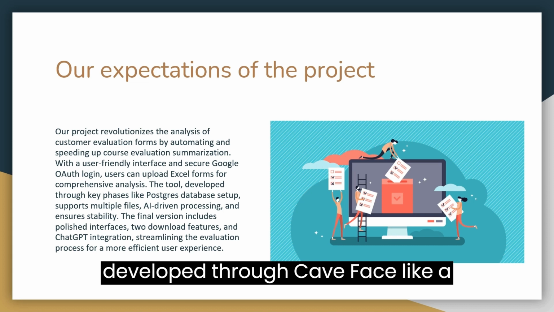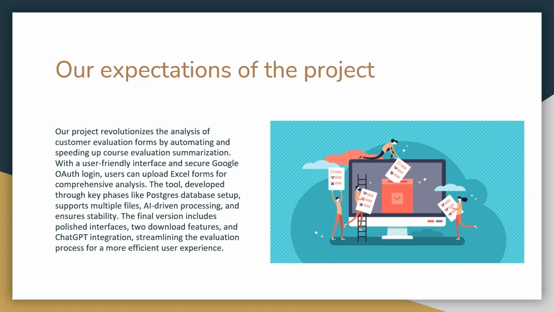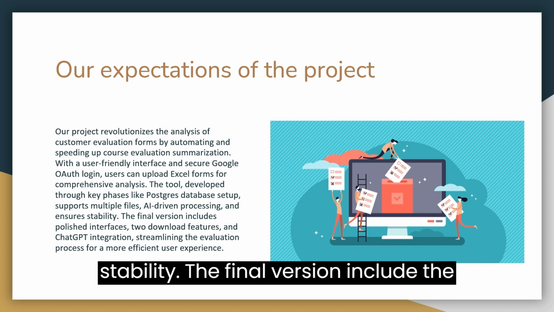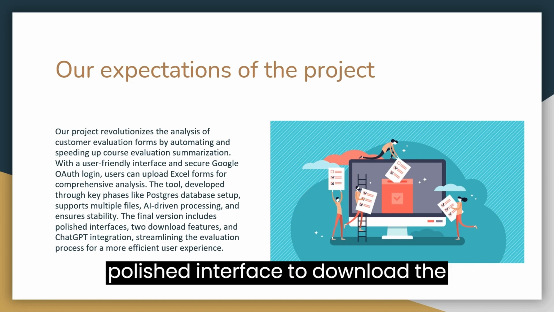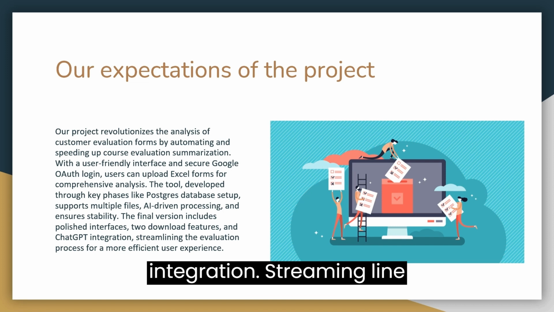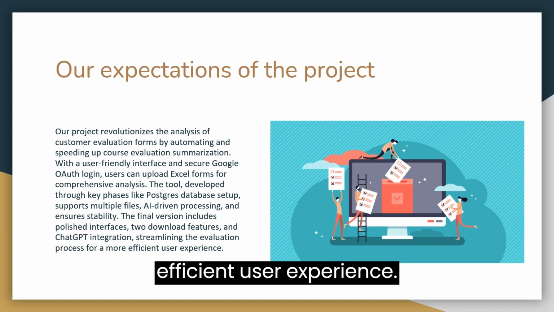The tool was developed through key phases like Postgres database setup, support for multiple files, AI-driven processing, and ensuring stability. The final version includes a polished interface to download the features and ChatGPT integration, streamlining the evaluation process for a more efficient user experience.